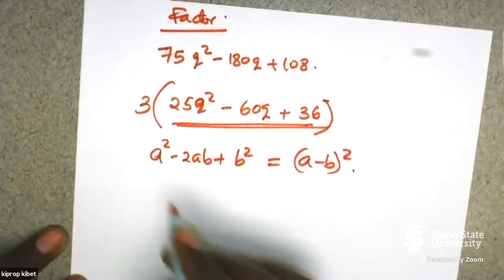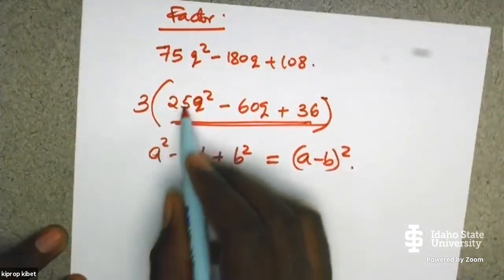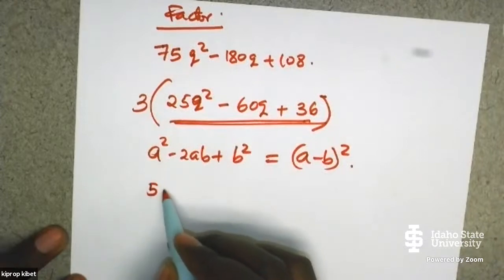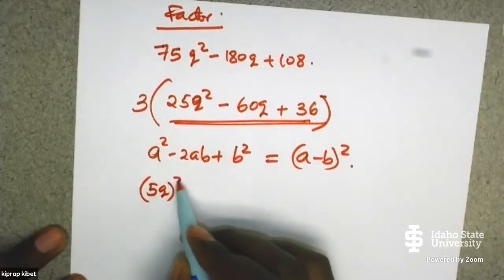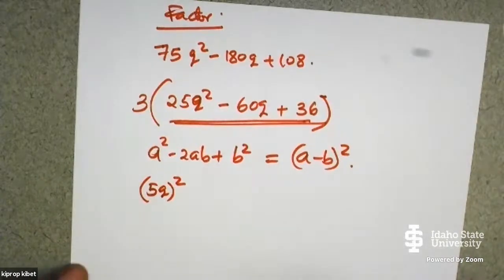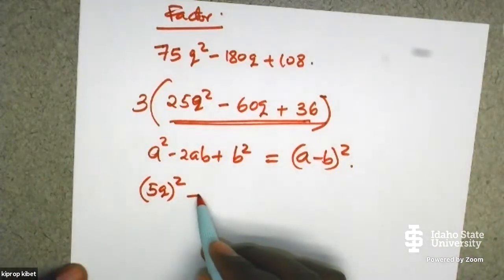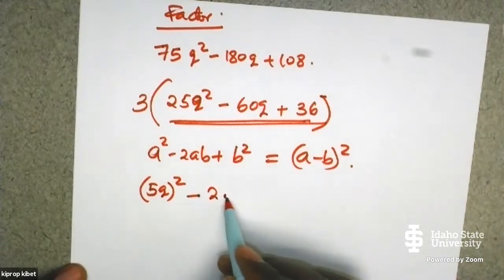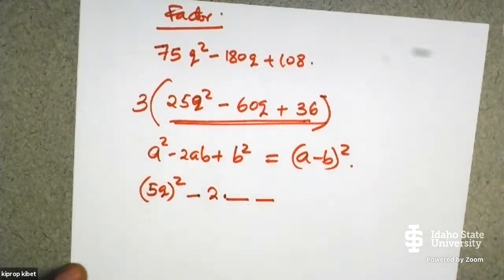So our a in this case will be 5q squared, and then minus 2 is constant. So we need to get a and b.